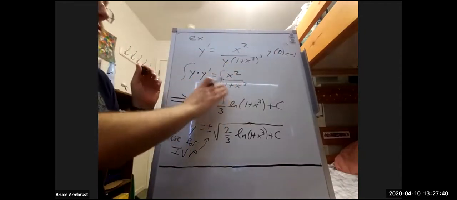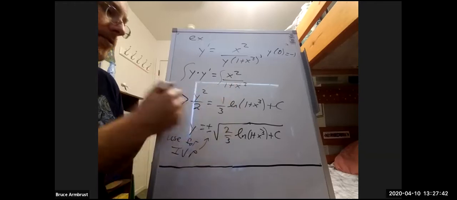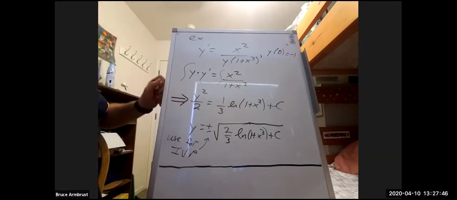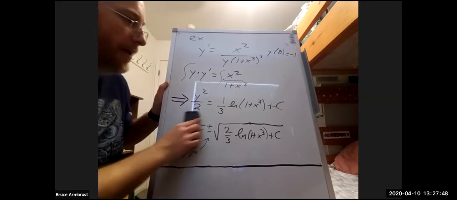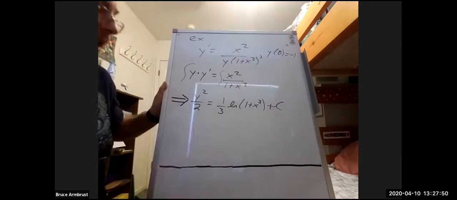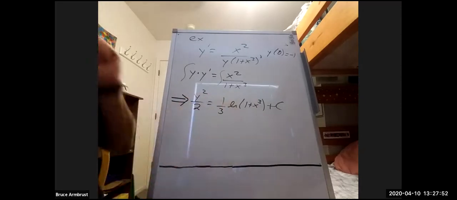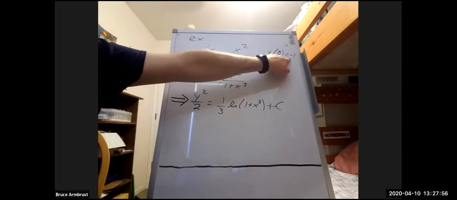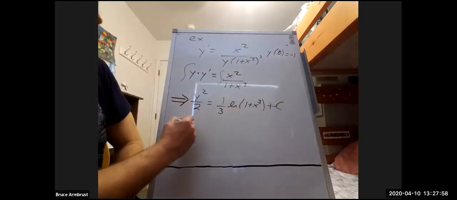We're going to find this solution. Let's start with the implicit solution and see what happens at our point. We're going to figure out what that C is by plugging in 0 for x and -1 for y. So let's do that.